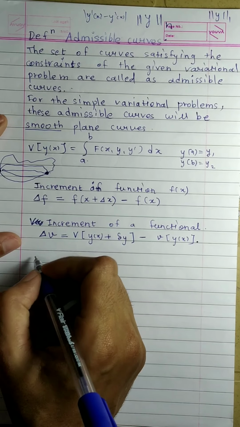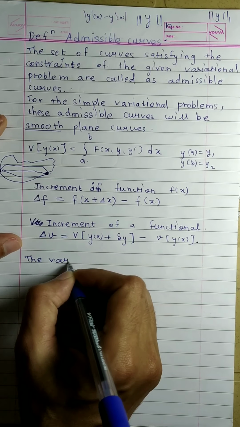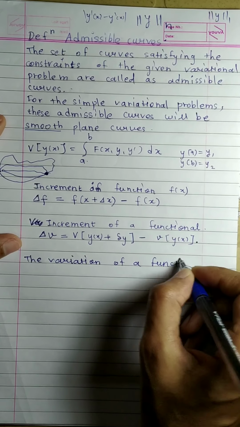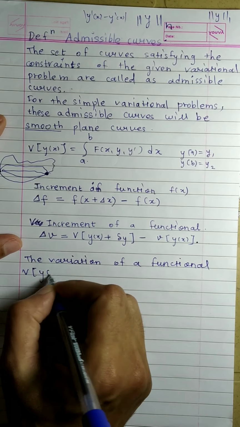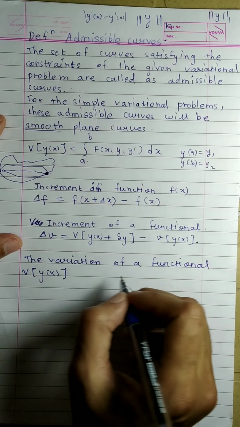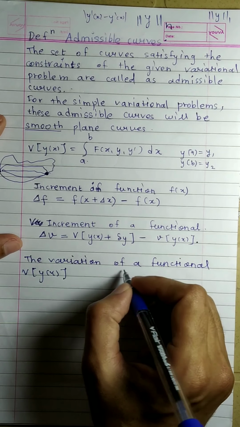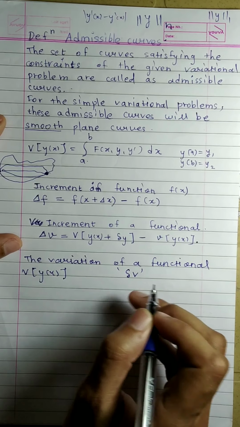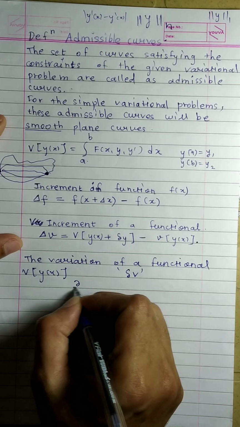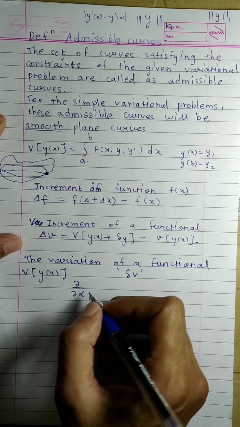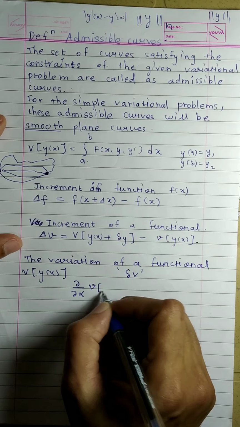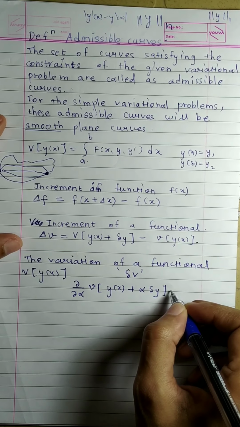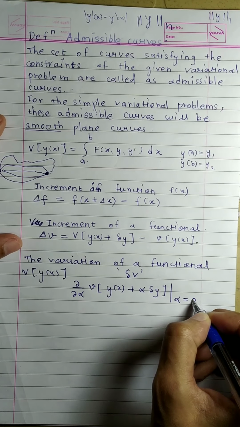Next, we will also define the variation of a functional v(y) of x. The variation of a functional v(y) of x is denoted as delta of v, and this delta of v actually comes out to be equal to partially differentiating with respect to alpha, v of y of x plus alpha delta y, evaluated at alpha equal to 0.